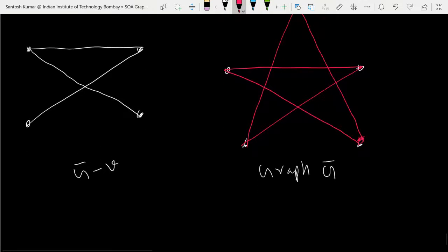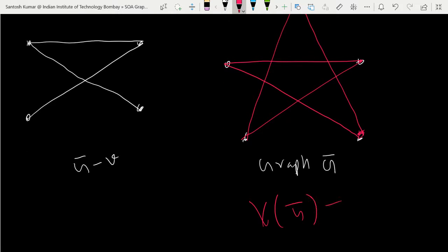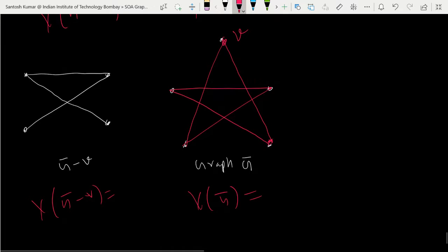Okay, so what is the chromatic number of this complement and what is the chromatic number of complement minus V? Complement 3, sir. 3. So like 1, 2, you can think of. Then again we can take 1, 2, and here it is connected with 2 only.